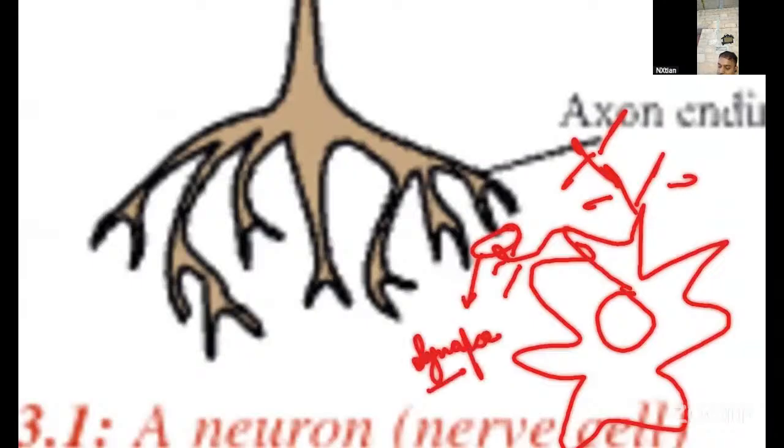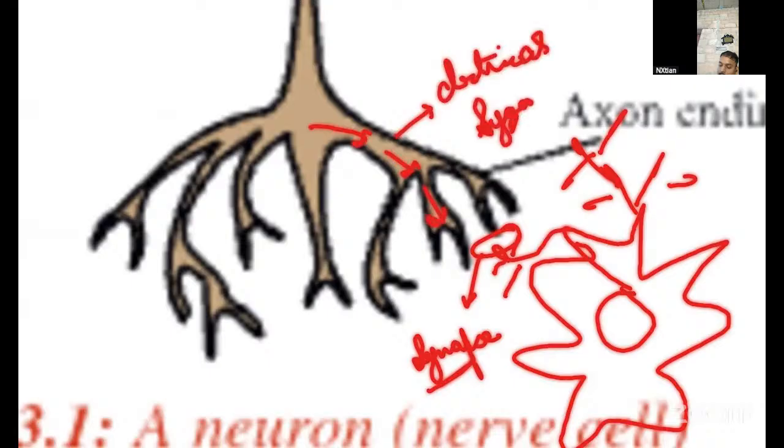Now, in the synapse, what happens? The electrical signal coming from the axon will release the neurotransmitter in the synapse gap.